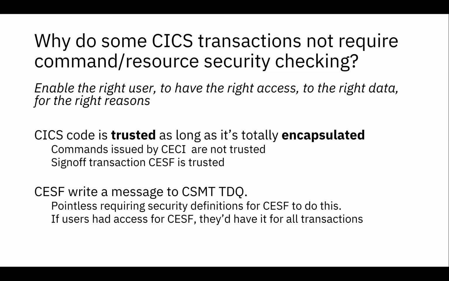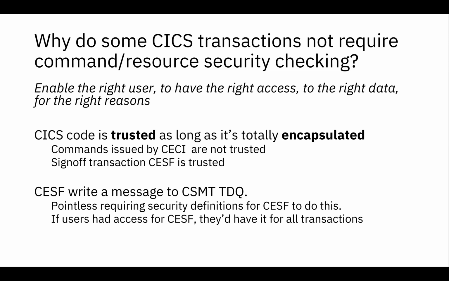So certain transactions we've had in CICS require many definitions in order to perform the action that a transaction has. An example of that sort of thing is the sign-off transaction. If a sign-off fails, the way it works is it writes to a TD queue, which does the security check: are you authorized to the TD queue, in order to give you an error message.